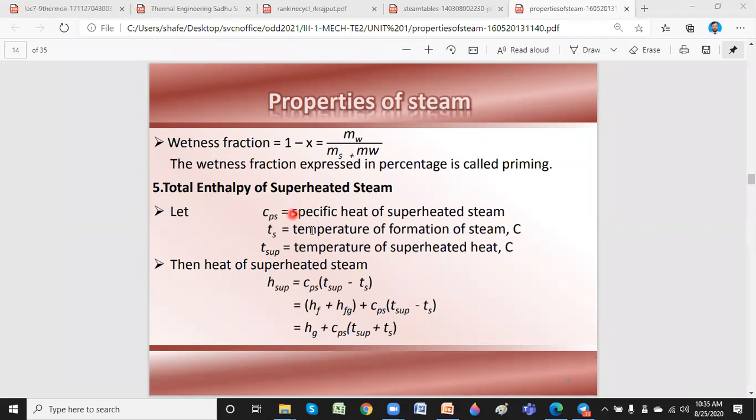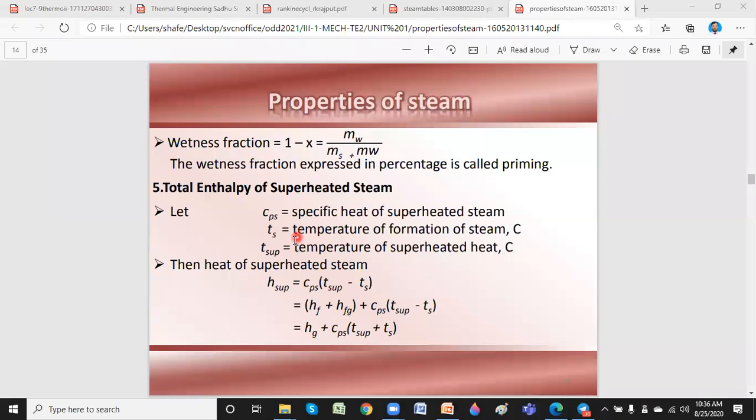What I require for this property is that I must know, or must be given in the problem, the specific heat of superheated steam, that is CPS. Then the temperature of formation, that is the saturation temperature. So 100 degrees is given, that is called the saturation temperature. And he has to give the superheated temperature. As I said, 10 degrees, 20 degrees, 30 degrees, all these are called the temperature of superheat.